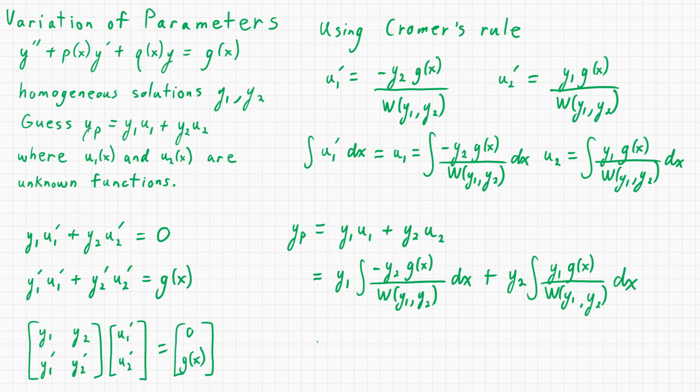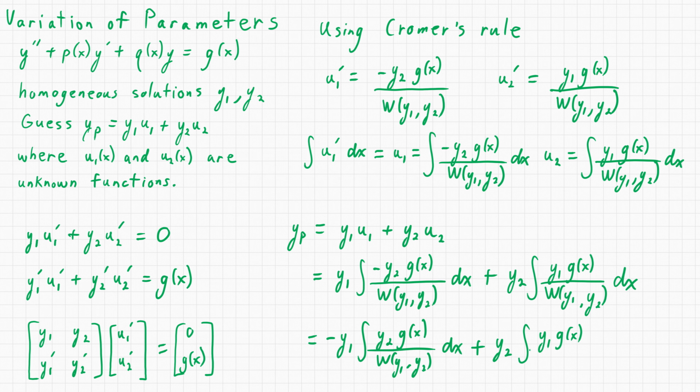And one last bit is if we take out the minus sign from the first integral, it's negative y1 integral y2 g of x over the Wronskian y1 comma y2 dx plus y2, fix that plus, indefinite integral y1 g of x over Wronskian y1 comma y2 dx, which is the normal way we see the variation of parameters formula with that negative out in front.